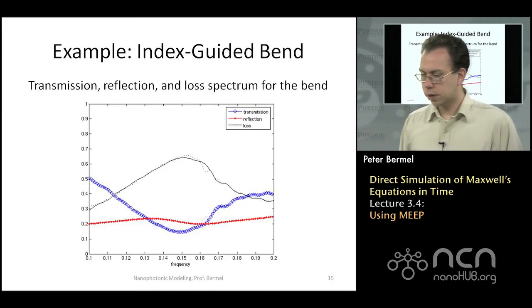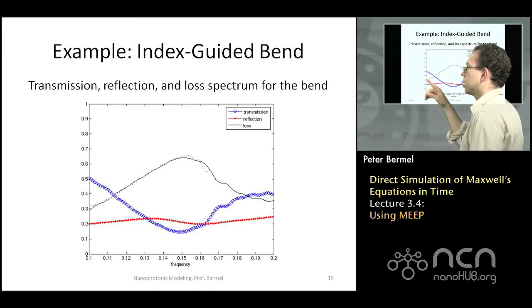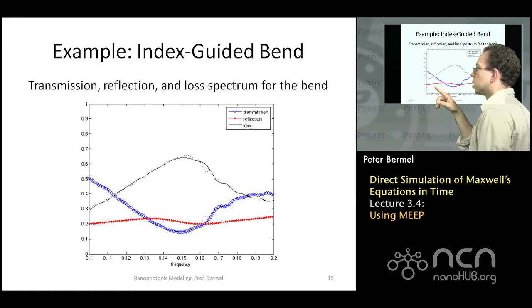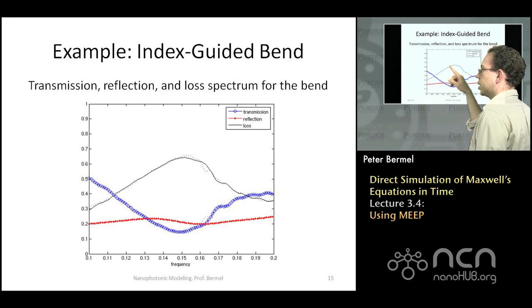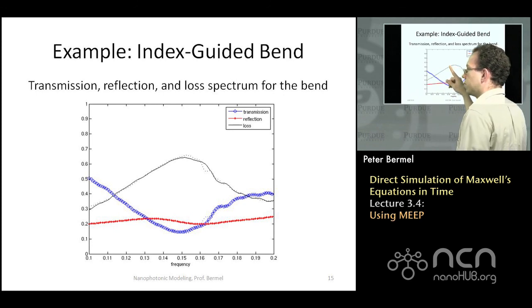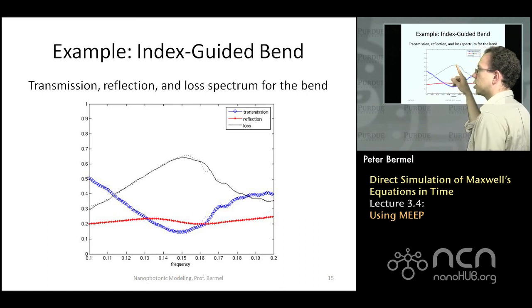Okay, and so this shows the results. You can see here that the overall reflection reaches a peak right at this frequency of 0.15, and it's very strong at this position, over 60% for this bend. And as a result, the transmission drops very poorly to below 20%.